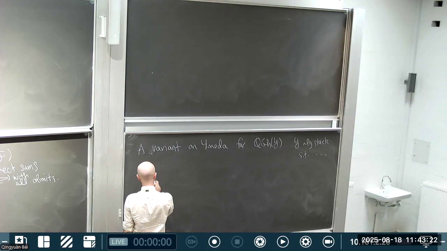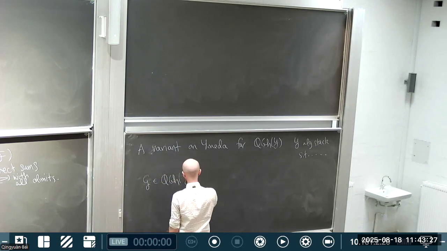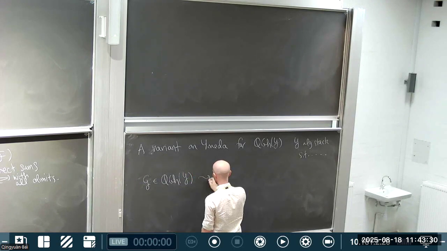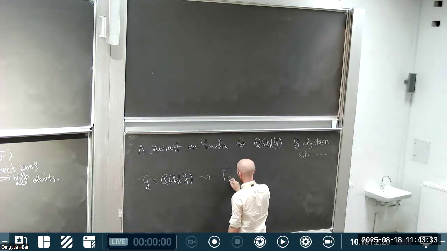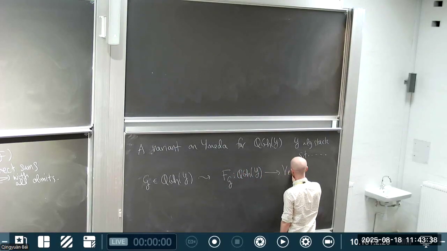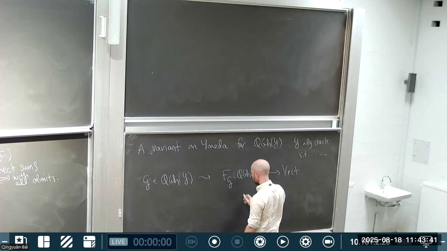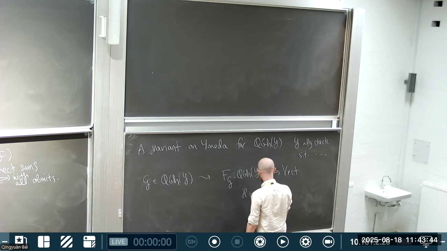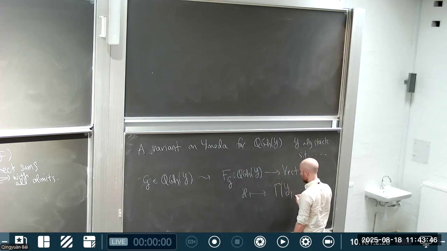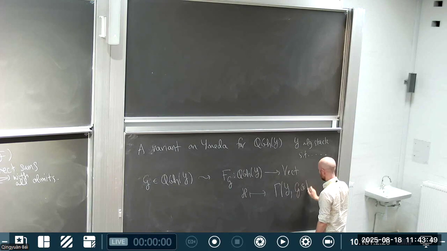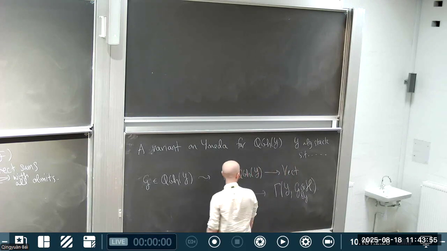So if you're given a quasi-coherent sheaf G, then this gives rise to a functor F sub G from QCoh of Y to the category of vector spaces, which sends a sheaf H to the global sections of Y with coefficients in G tensor H. And this functor commutes with colimits.